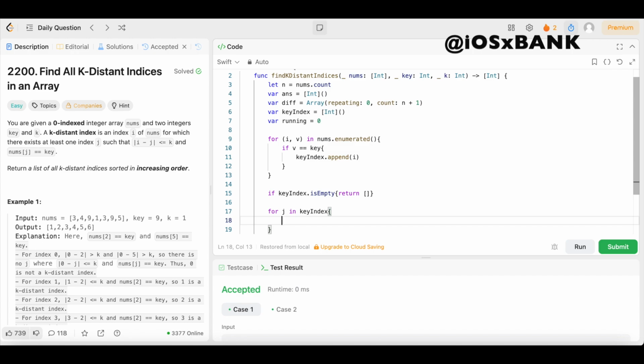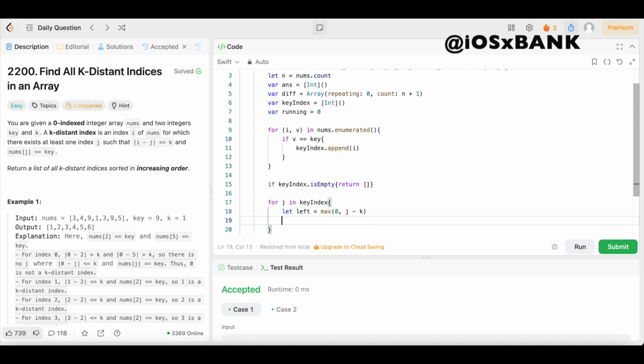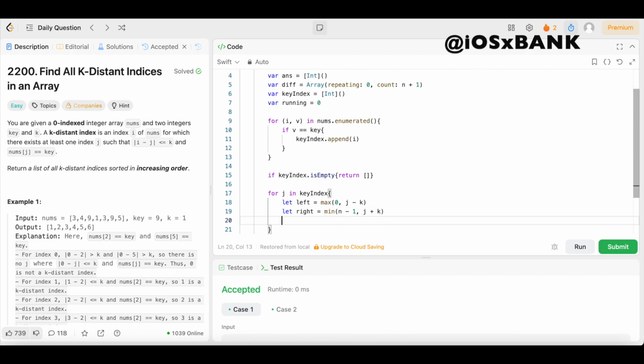So let left equal max(0, j minus k). Then we need to ensure the right bound is within the array, so let right equal min(n minus 1, j plus k).